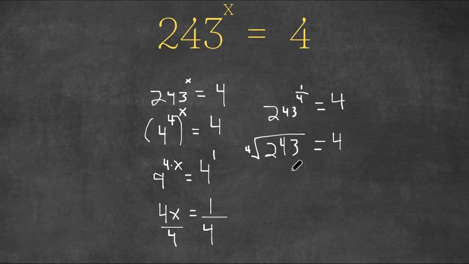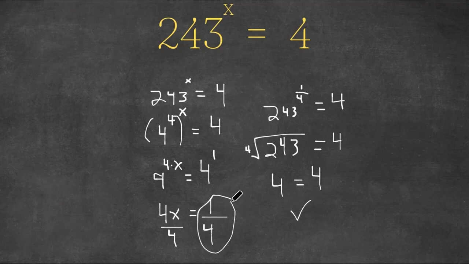So what to the power of 4 equals 243? This is essentially what 243 to the 4th root is asking. And 4 to the power of 4 actually equals 243. So 243 to the 4th root is simply 4. And 4 does indeed equal 4. So this is right, meaning our answer is 1/4.